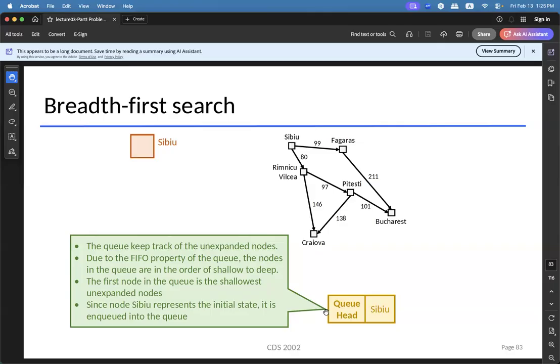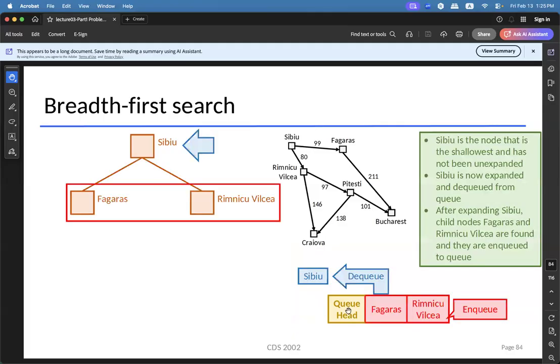When we look at the network at the top right-hand corner, we can see that Cebu has two arrows pointing to Pythagoras and Remedial V-char. These are the two neighboring states that the agent can go to from Cebu. As a result, Pythagoras and Remedial V-char are added to the queue.